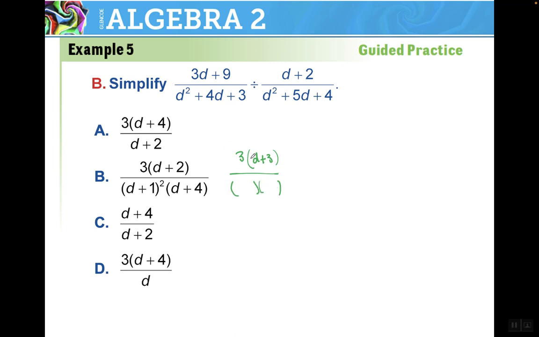I'm just factoring as I'm rewriting it. I got A.